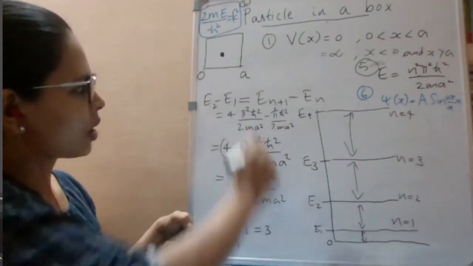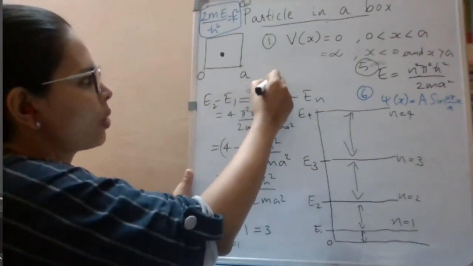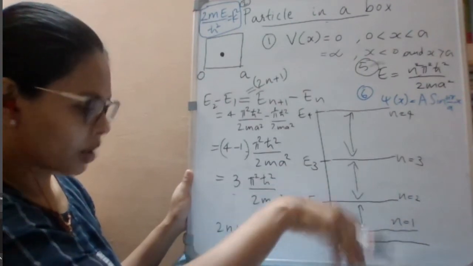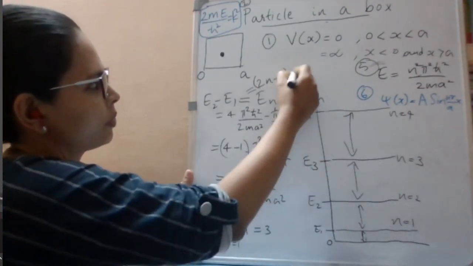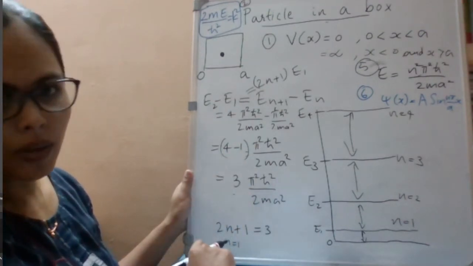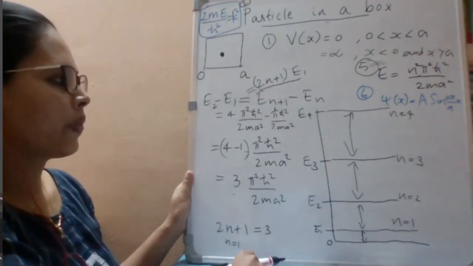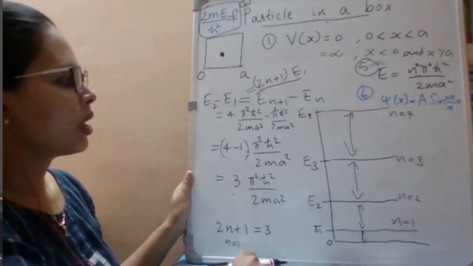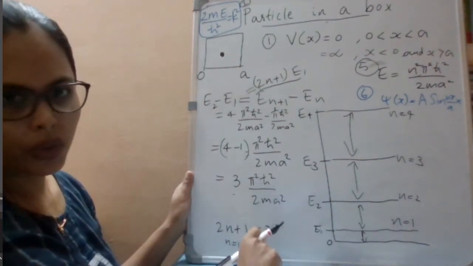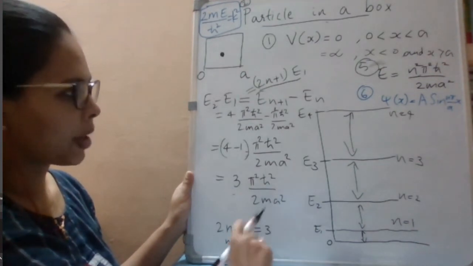So we can generally write this as 2n plus 1 into our basic equation, that is E1, because pi square h cut square by 2ma square is E1 itself. So this is the general difference in energy. As you can see, the difference increases as n increases. That is the analysis of our energy level, energy spectrum.